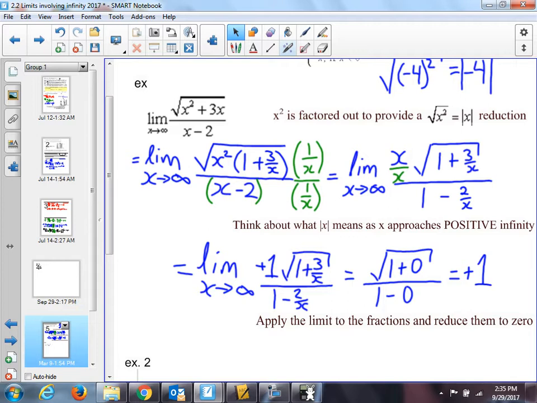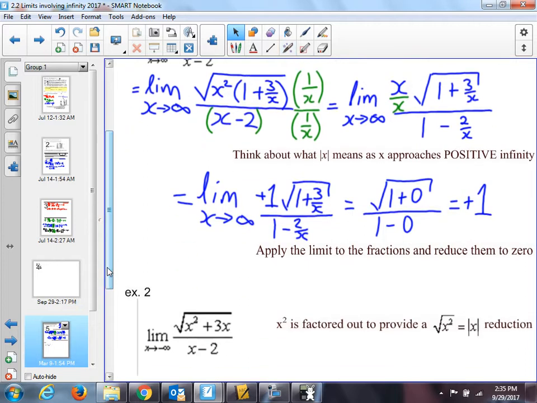Can you write it like that without the limit as x goes to infinity? Can I write this step here? What about this step? Can you just write it without the limit? Why did I drop the limit part here? Because I'm evaluating.